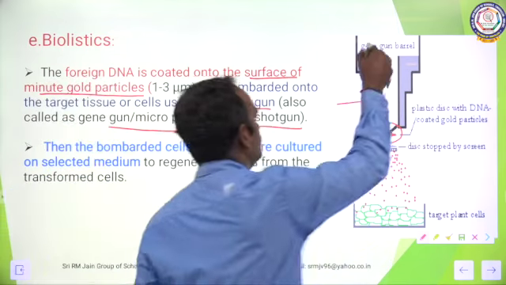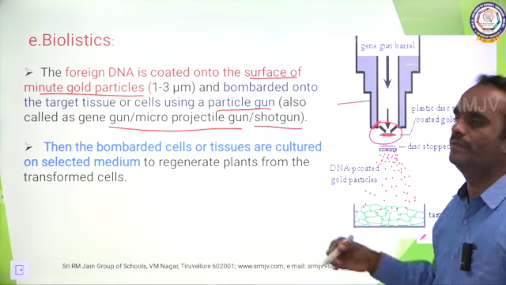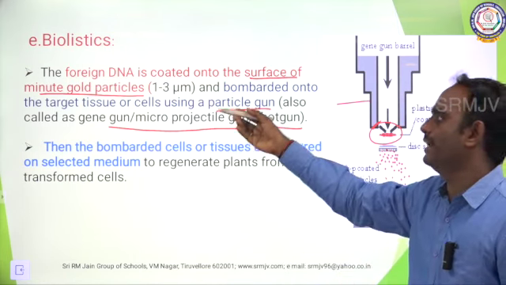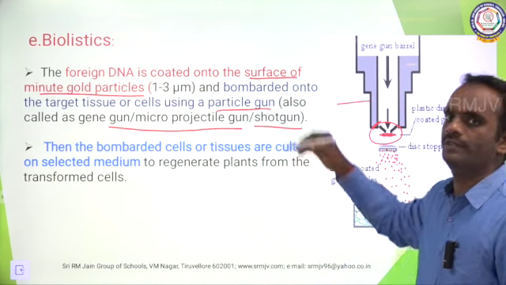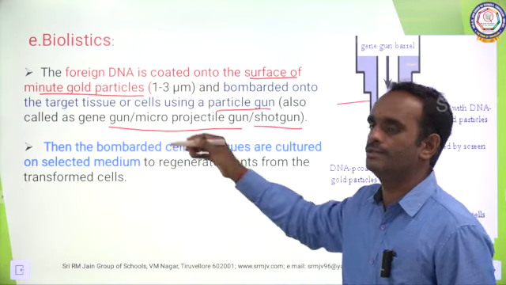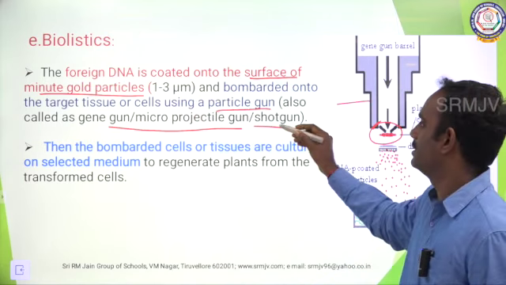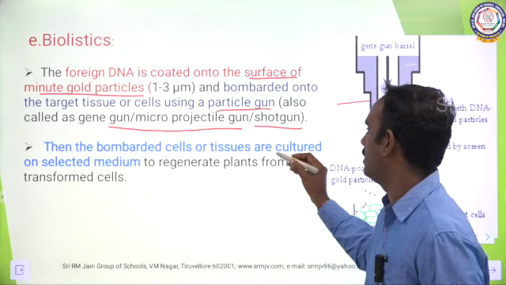We have to load this gun with foreign DNA coated with minute gold particles. Okay. So the foreign DNA is coated onto the surface with gold particles and bombarded onto the target tissue by using a particle gun. It is also called a shoot gun. Then the bombarded cells or tissues are cultured.